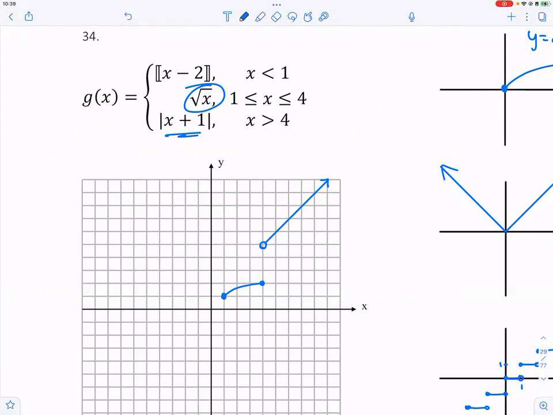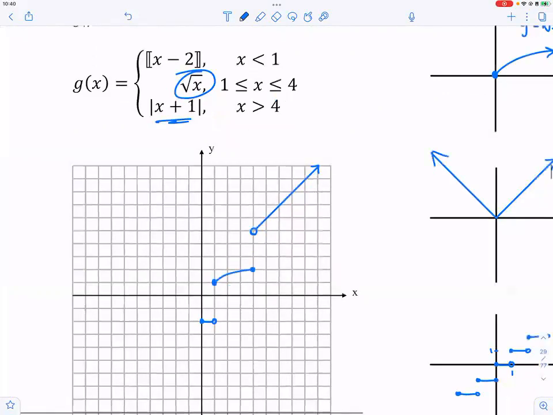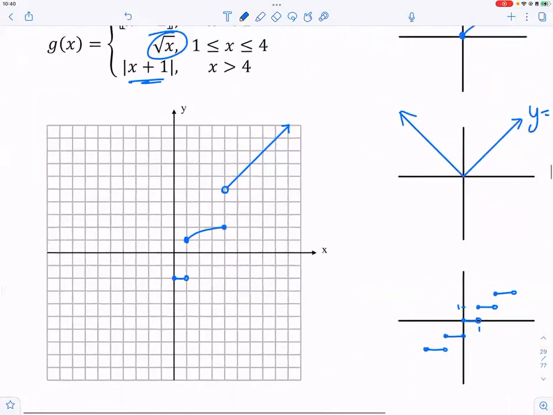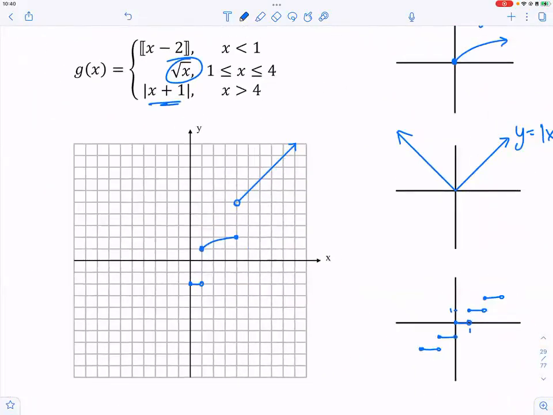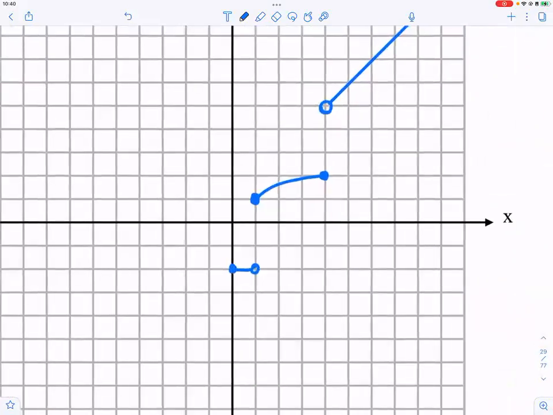And then negative 1.1 going to the previous integer, that will be negative 2. So that's what it's going to be, okay? Or you can think about the whole step function graph being shifted to the right by 2 units. That works too.